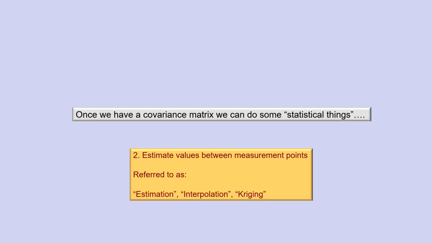When I interpolate, I use statistical principles to come up with an interpolated value at every point in space that is actually the value of minimum error variance, the best linear unbiased estimator of the value between the points, the expected value between the points in a statistical sense. And I can come up with the uncertainty of that estimate as well.